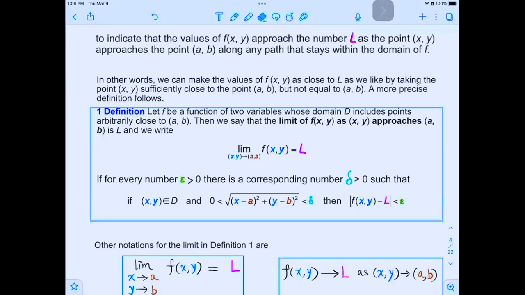So you can choose a delta, the delta over here. As long as this one is within delta distance away from this (a, b), then this is going to be within epsilon distance away from this L. Okay. So let's try to think about this.